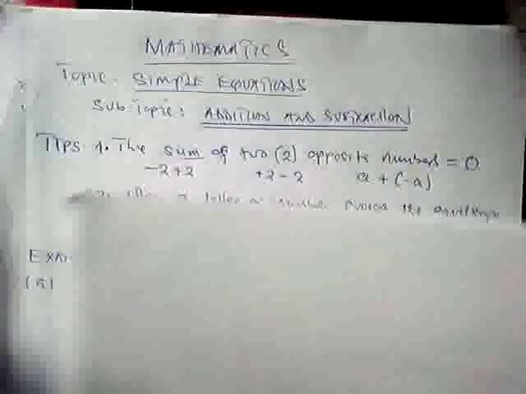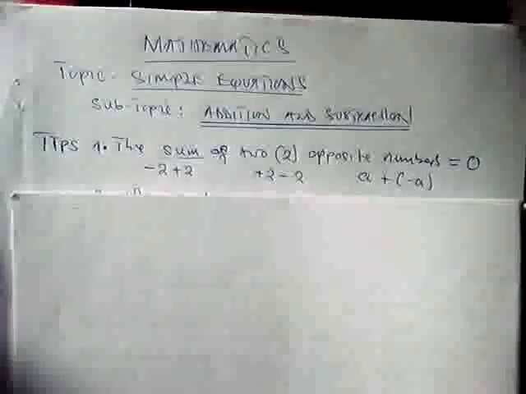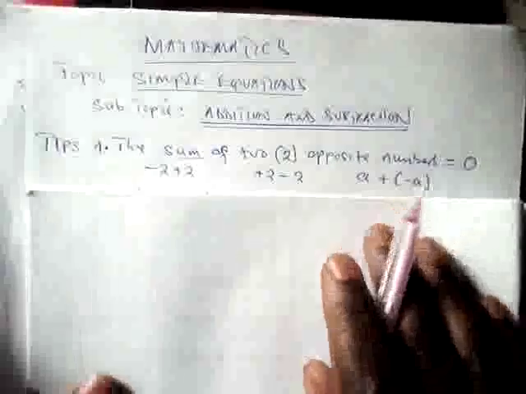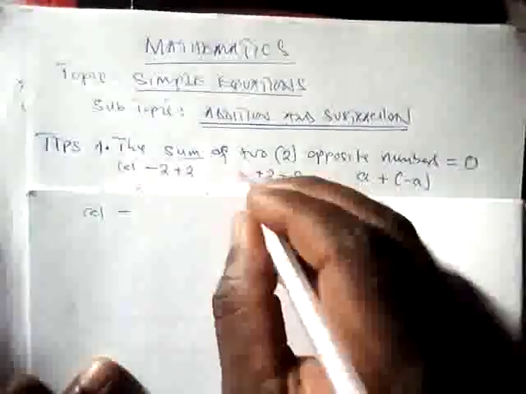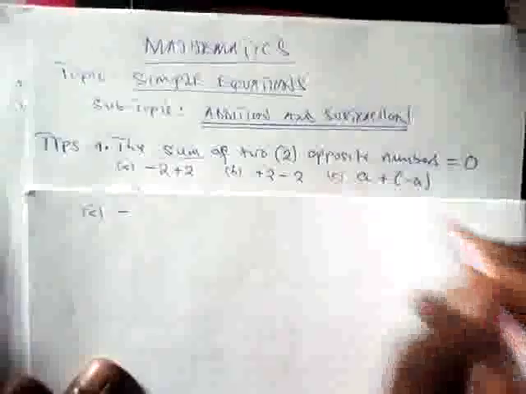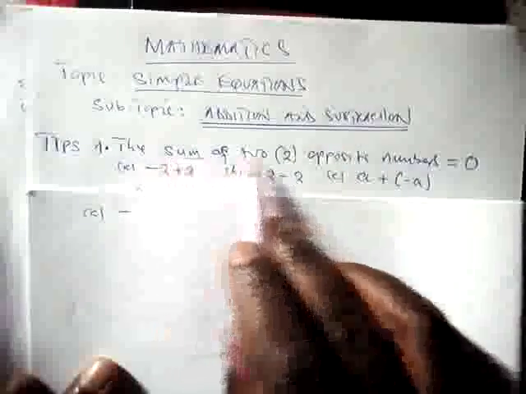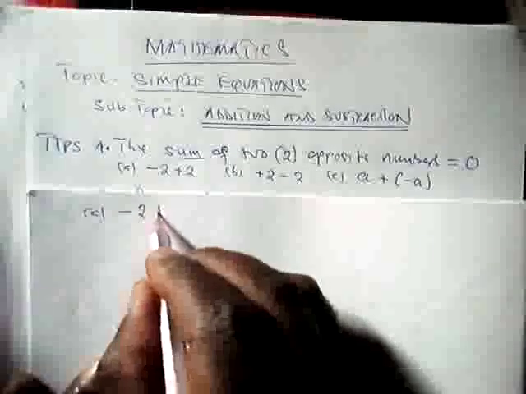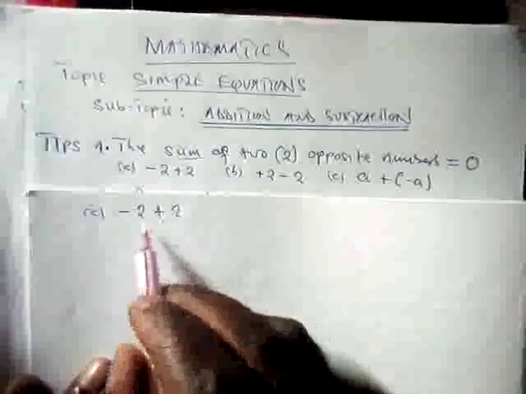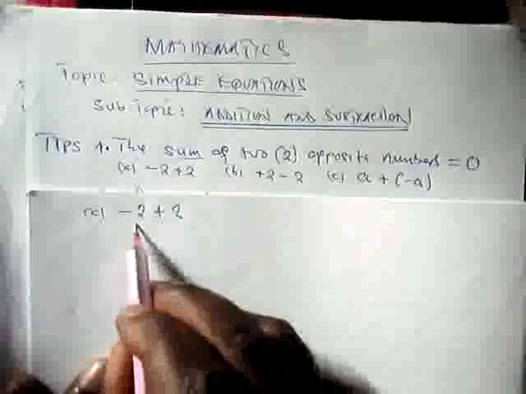So we look at examples of what I'm talking about. This is A, this is B, this is C. We want to look at tip number 1. So negative 2 plus 2. We have 2 here and 2 here.